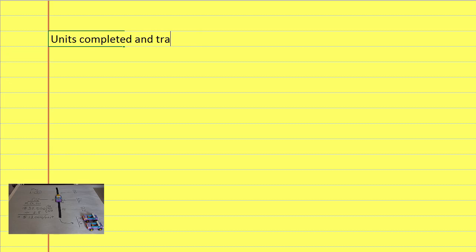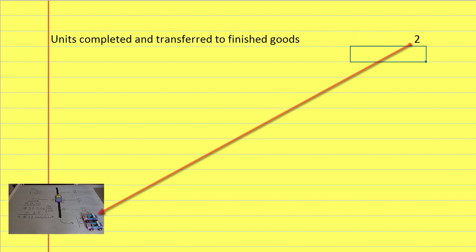So let's type in units completed and transferred to finished goods on our first line. And in this example, we had 2 units that rolled off the assembly line and into finished goods. So let's take a look at our work in process, ending inventory.